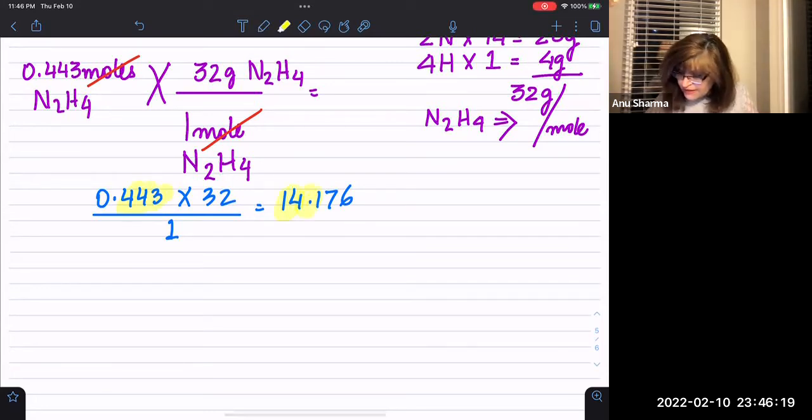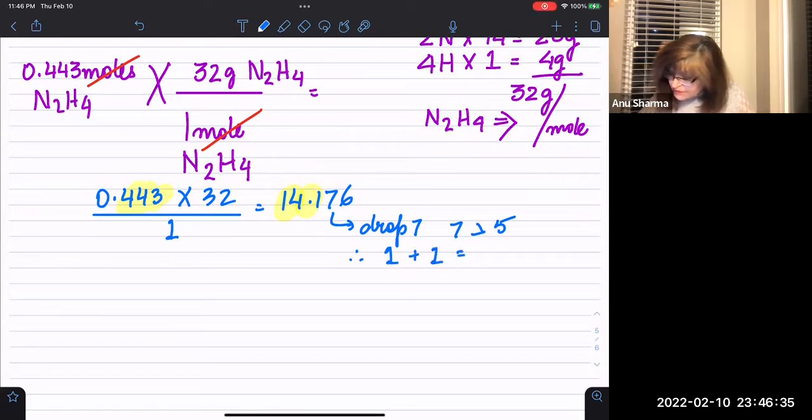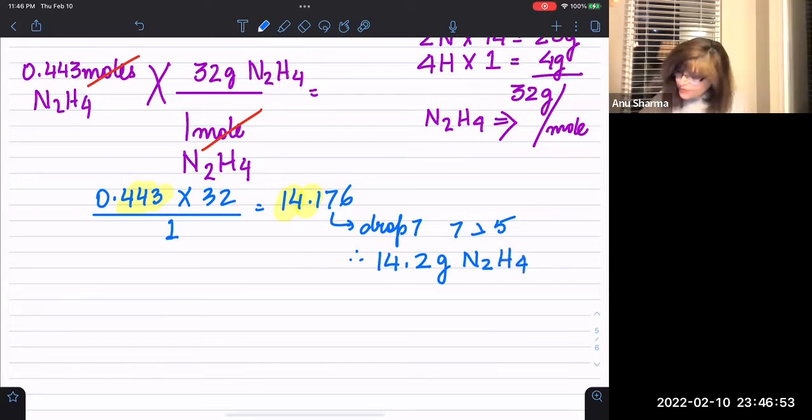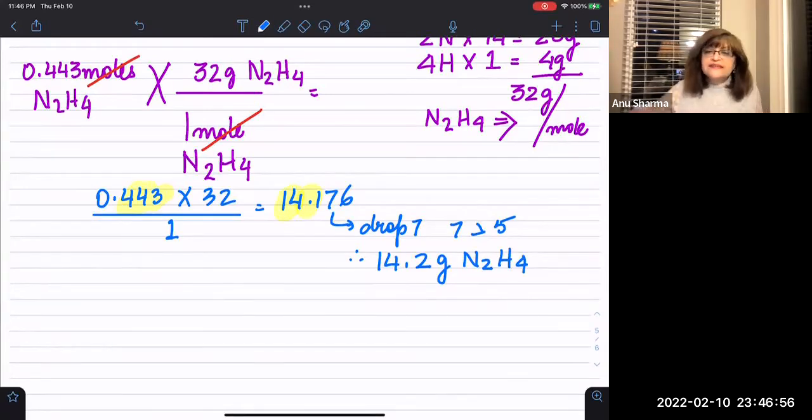We drop the 7, and 7 is more than 5, so the 1 becomes 2. That's 14.2 grams of N2H4.